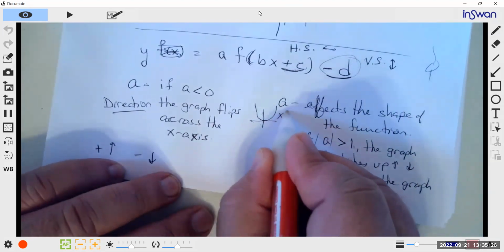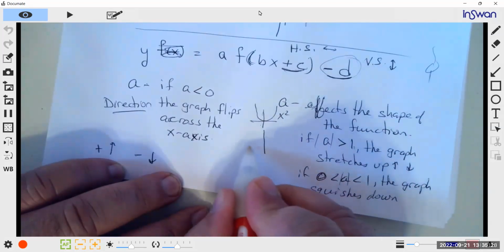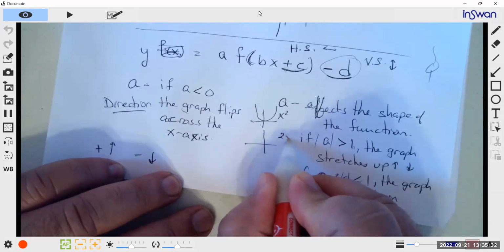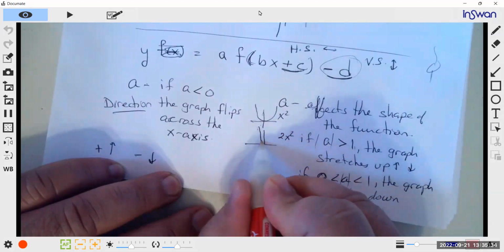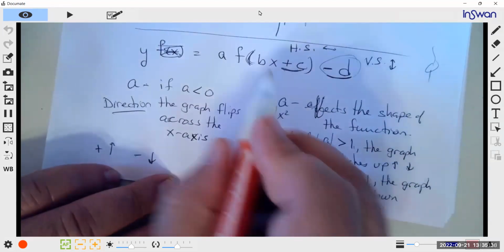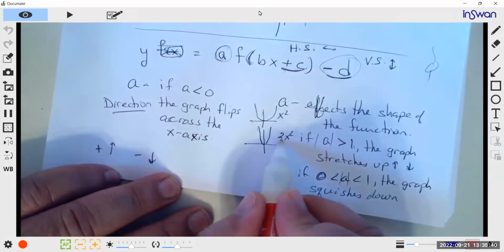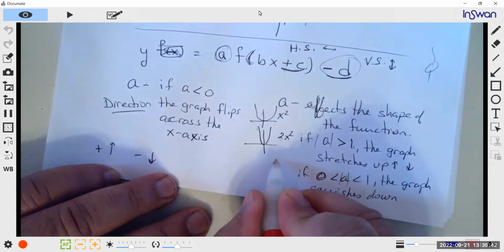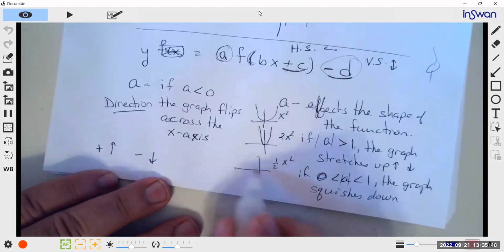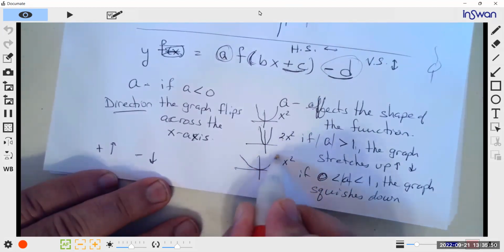This is x squared. If we had 2x squared, it would grow twice as fast. The number in front, that's A. If we had 1/2 x squared, if it's a fraction, then the graph would grow half as fast.